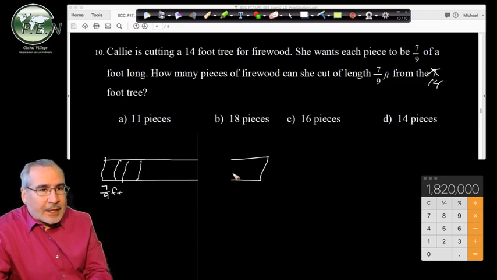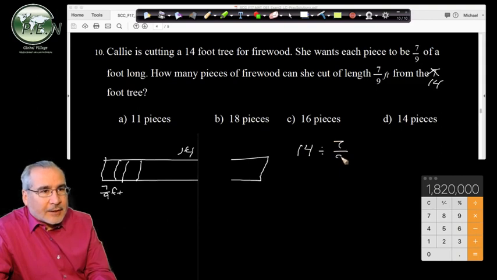So we're dividing this 14-foot piece of lumber into 7/9 of foot-sized pieces. Dividing is the key word here. So we're taking 14 and dividing it into 7/9 of a foot pieces. When we divide with fractions, we flip the second part. So the way to carry it out is to turn it into multiplication and flip the second fraction, 9/7.